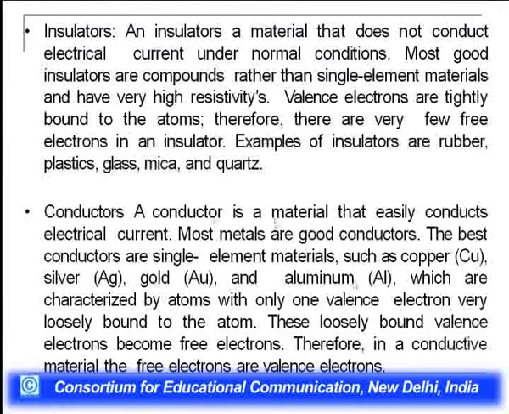Means pure materials are used as conductors, like copper, silver, gold and aluminium, which are characterized by atoms with only one valence electron, very loosely bound to the atom, and they are free to move to the conduction band. These loosely bound valence electrons become free electrons. Therefore, in conductive materials, the free electrons are the valence electrons.